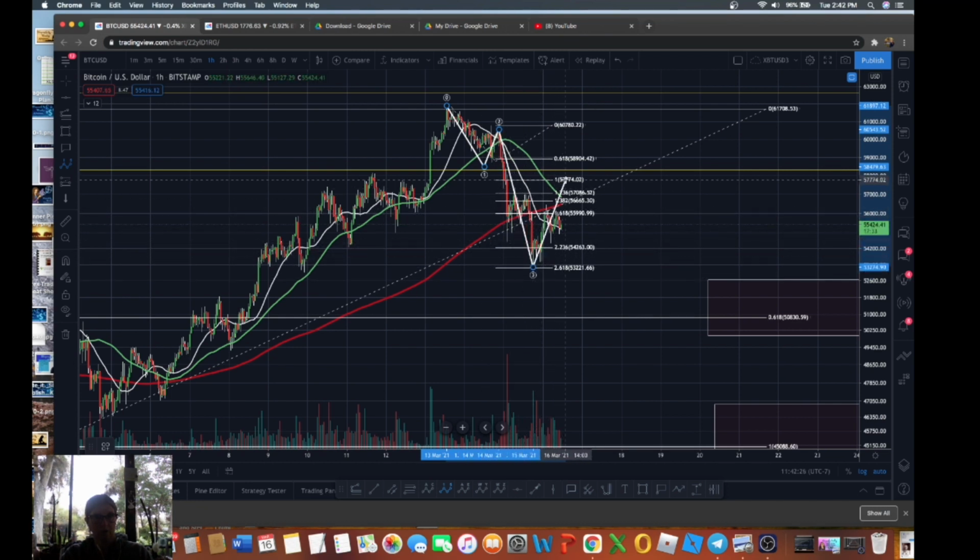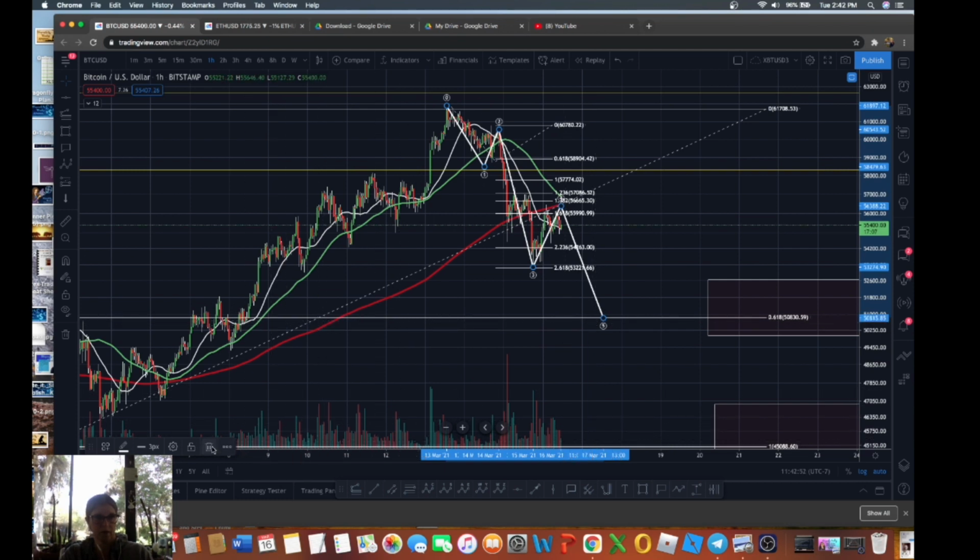Now 4 cannot come higher and break into 1. 4, and then we go down for 5 and hit the minimum extension of 618. If this happens, if this rolls over, does not come into 1, then this meets the requirements of a completed C wave.